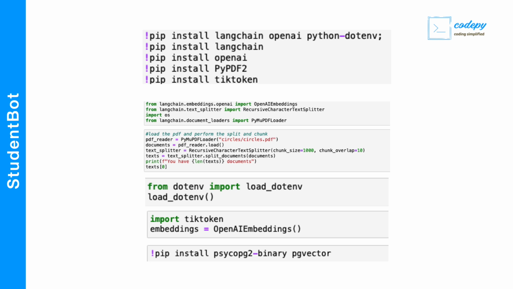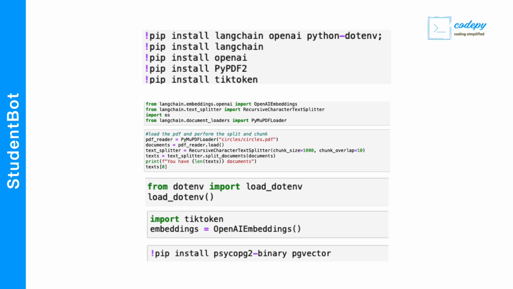For the next chunk we create, you have an overlap of 10 characters, so chunk overlap equals 10. Finally, we store the text using text splitter split documents, and then we pass the documents we have loaded as a PDF.